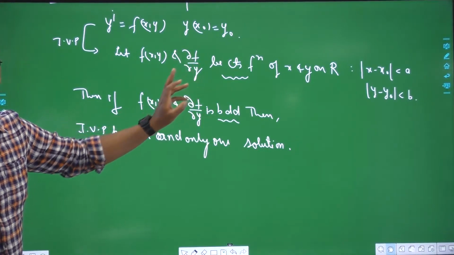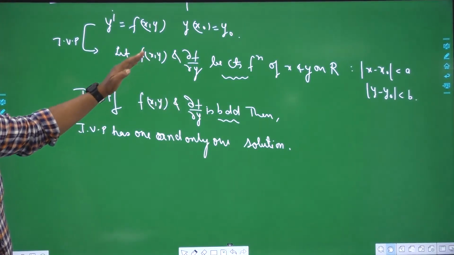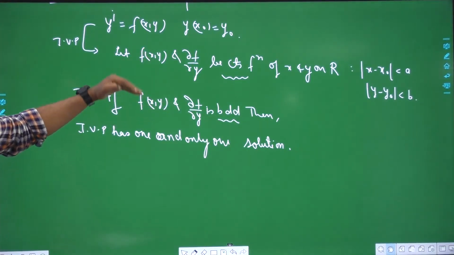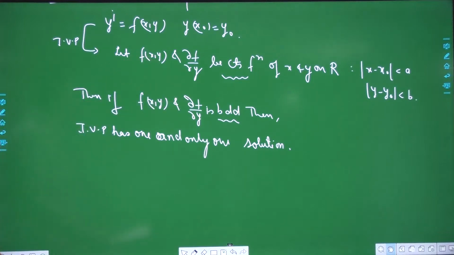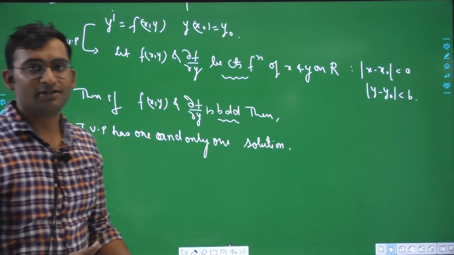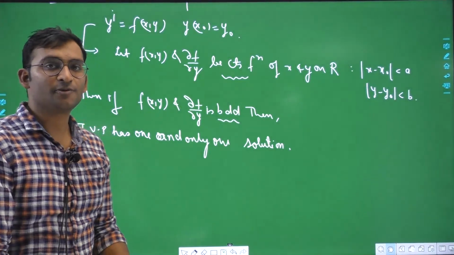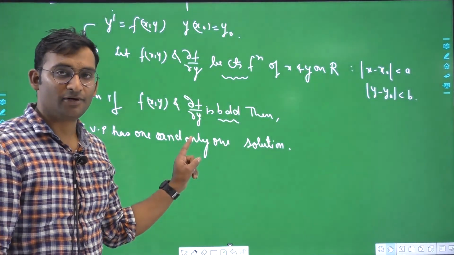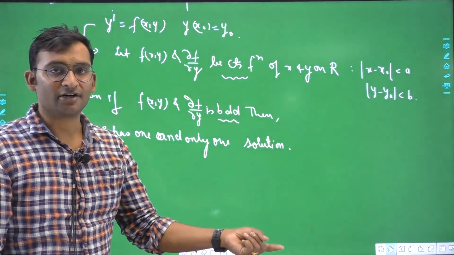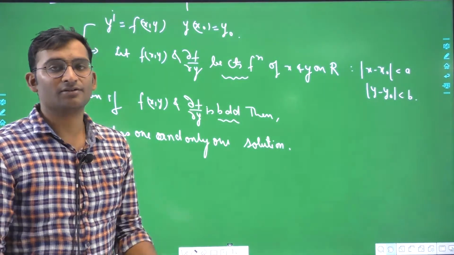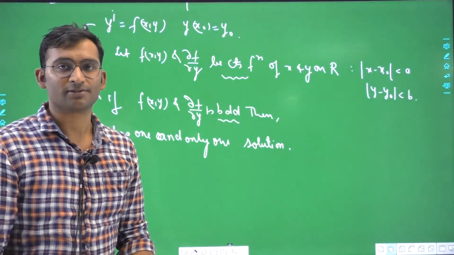So if del f upon del y is continuous and bounded, and if f(x, y) is continuous and bounded, then you will have a unique solution. In certain texts, you will find that this condition of boundedness of del f upon del y is replaced by a weaker condition called a Lipschitz condition, using the extended mean value theorem in two variables.